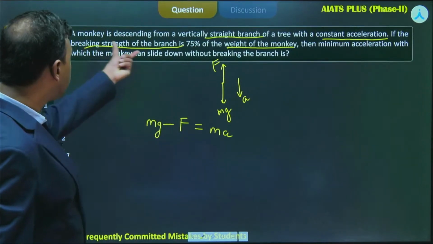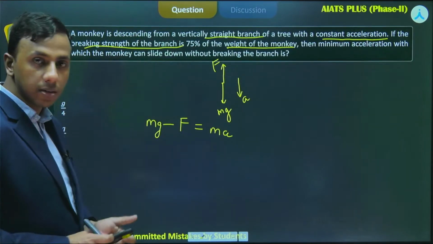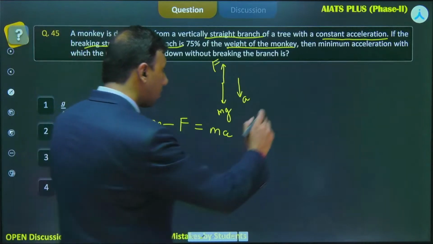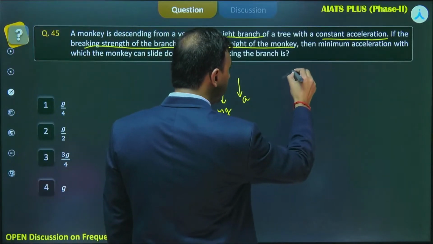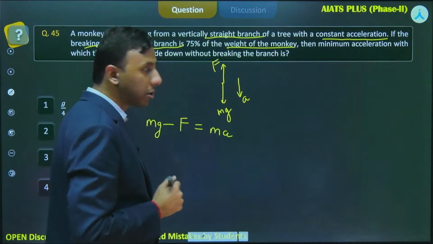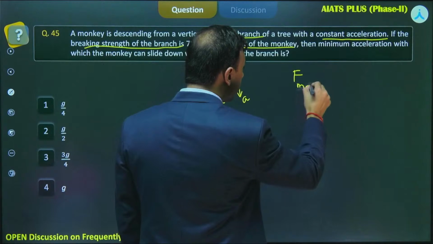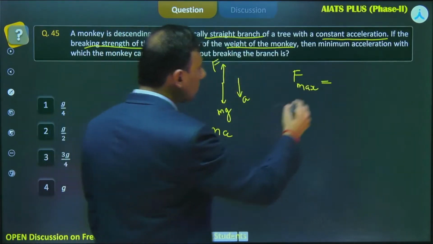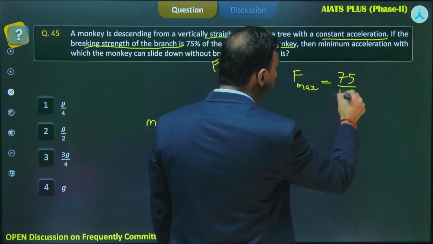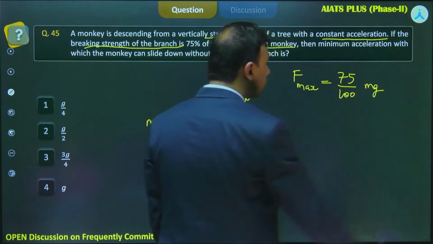And the braking strength is 75% of the weight. What does that mean? The braking strength is this F they are talking about, so the maximum value of F is 75 by 100 of its weight.